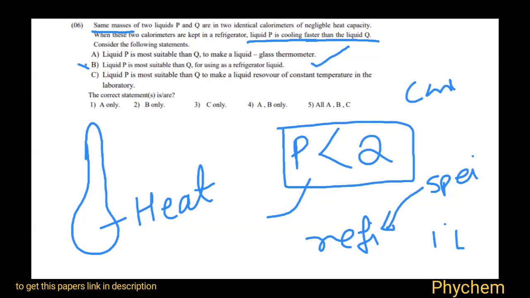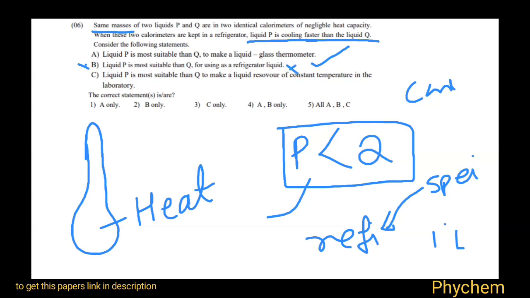So that is why we are using water as a coolant liquid for our car radiators also. So there they are telling that liquid P is more suitable than Q for using as a refrigerated liquid. No, for a refrigerated liquid, we need a liquid which has higher specific heat capacity. So therefore, Q is the good one. So they are telling that P is more suitable. No, that statement is wrong.